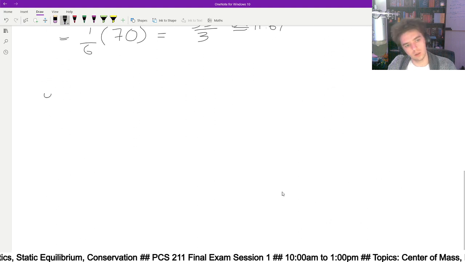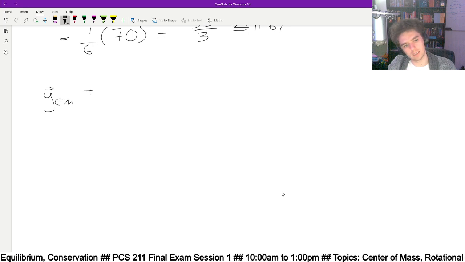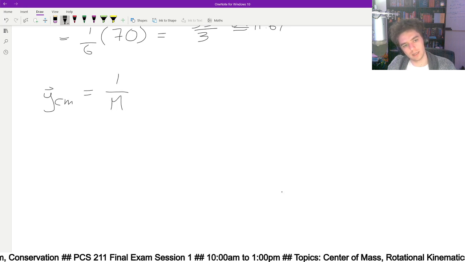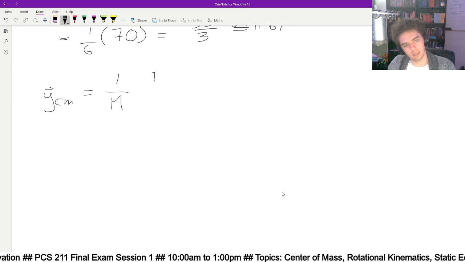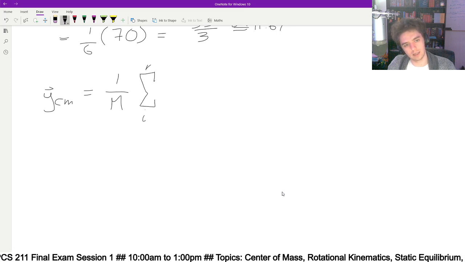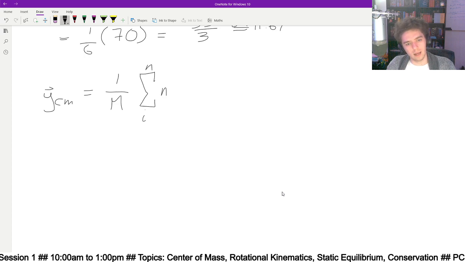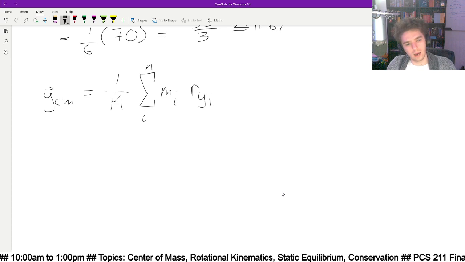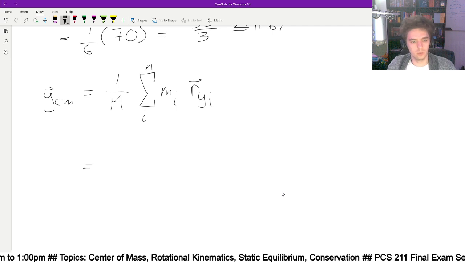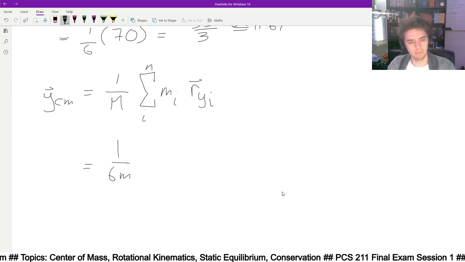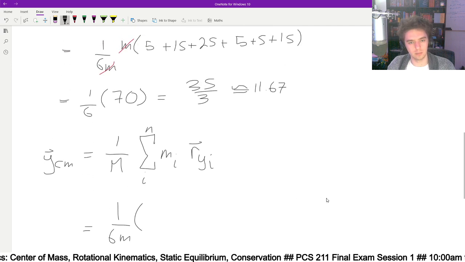So we say the y value of the center of mass is 1 over the total mass times, well, I'll just write it again, the sum from i to n, where n is the number of blocks we have, of m_i r_y,i. So 1 over 6m times, now let's look at each piece.